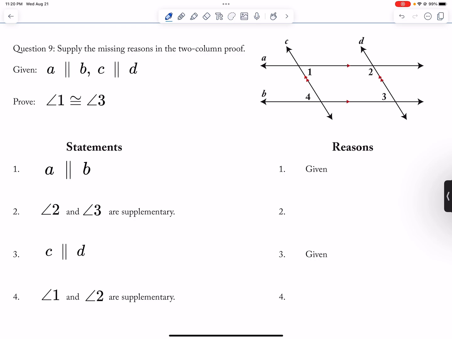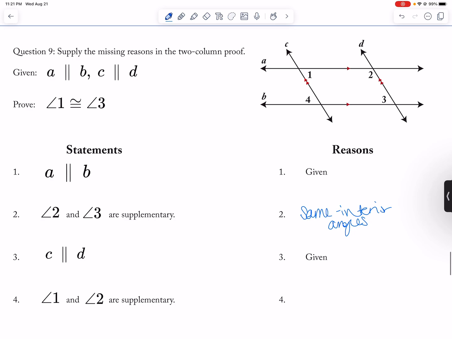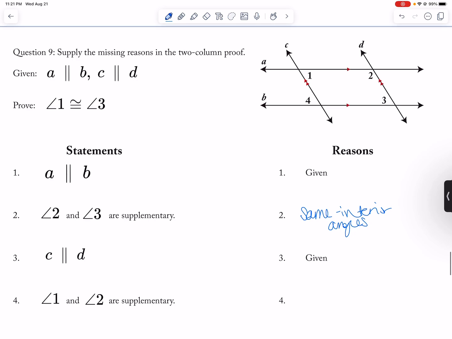So 9 is the last one that I will do. Okay, given. 2 and 3 are supplementary because they're same side interior angles. C is parallel to D. That's given. 1 and 2 are supplementary. Those are also same side interior.